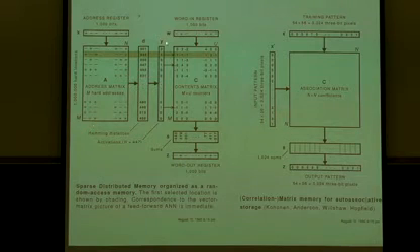Here, when you have the hidden layer, the number of adjustable synapses becomes independent of the dimensionality of your data.